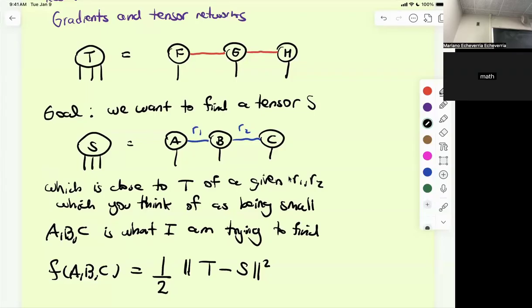Maybe this goes up to value 100 and this goes to 50, and so on. That's what I'm trying to control: how large the rank of the factors is.